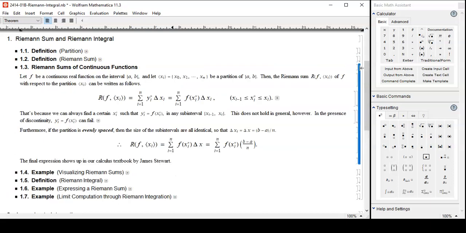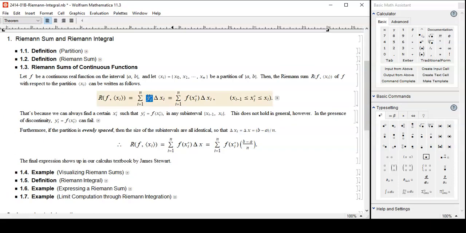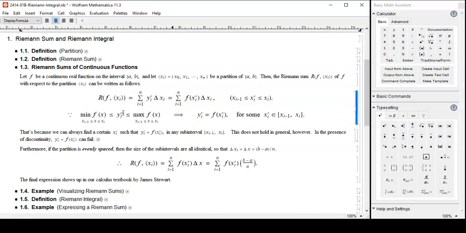In case of continuous functions, this yi star can be rewritten as f of xi star, because I can always find yi star between the minimum and maximum, where yi star is f of xi star, where xi star is selected somewhere in this subinterval.